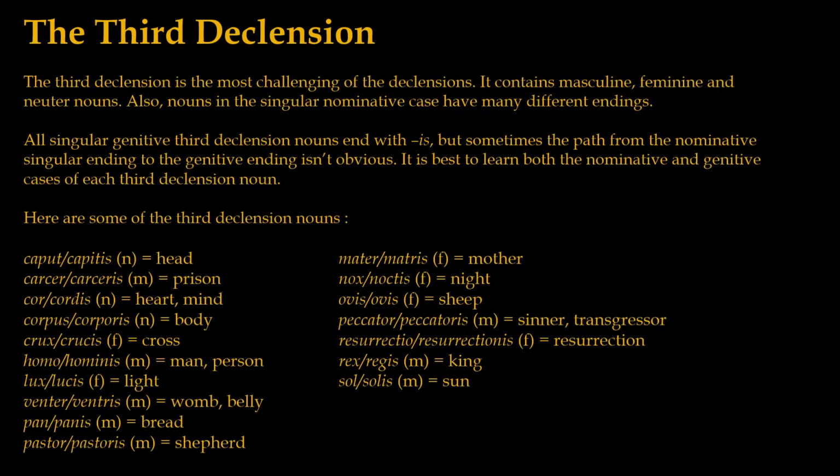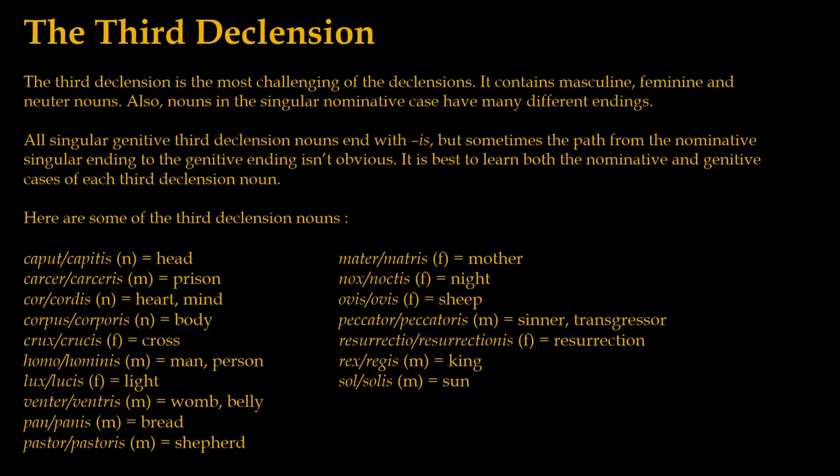Venter, ventris, womb, belly. Okay, pan, panis, bread. The French word for bread is pain, right? So very much like that. We have the word companion, which brings together the Latin preposition cum plus the word for bread, pan, and so a companion is literally someone with whom you share bread.